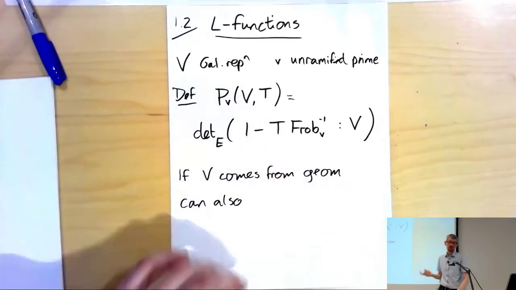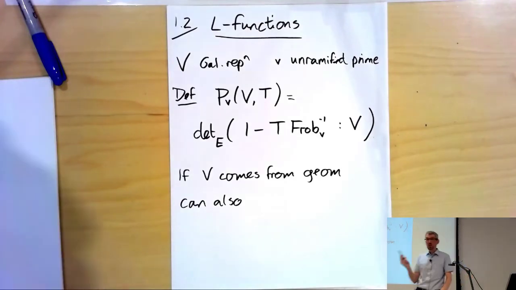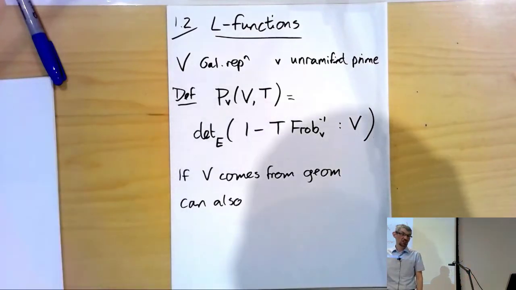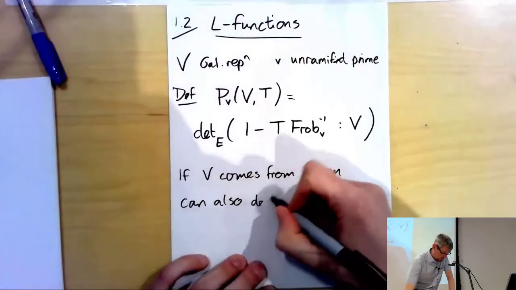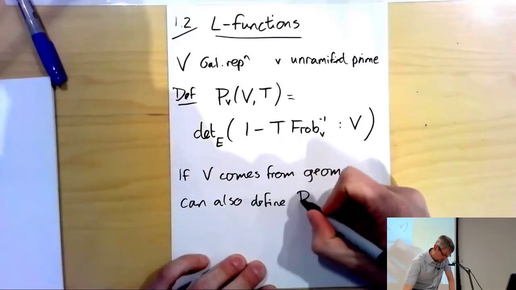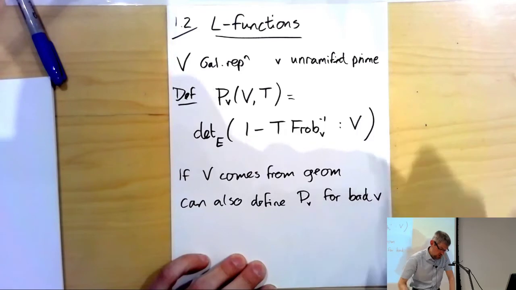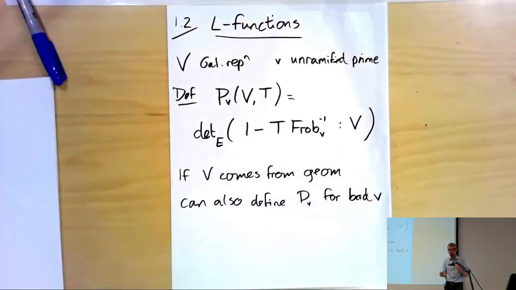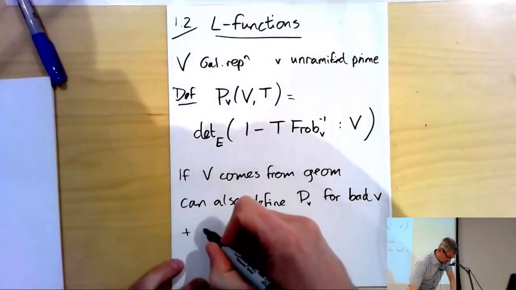And we can extend this definition to the bad primes as well. But for the primes above p, which are clearly going to be the hardest, we need some local properties, which are guaranteed for representations coming from geometry. So we have P_v defined for all finite places of K, although I'm not going to tell you how for the bad places.